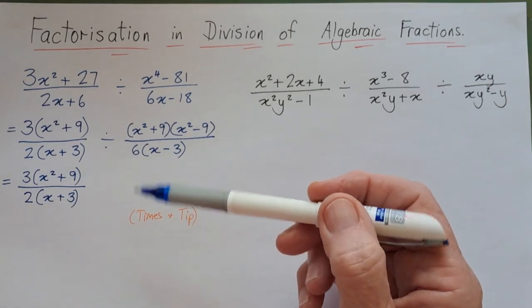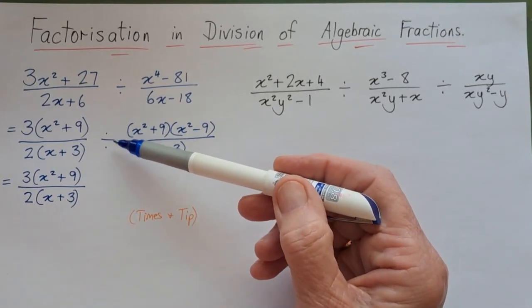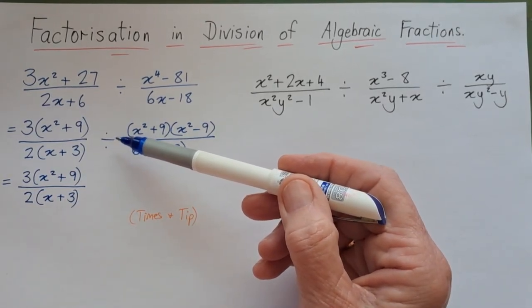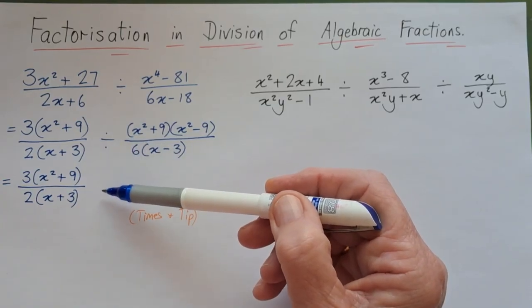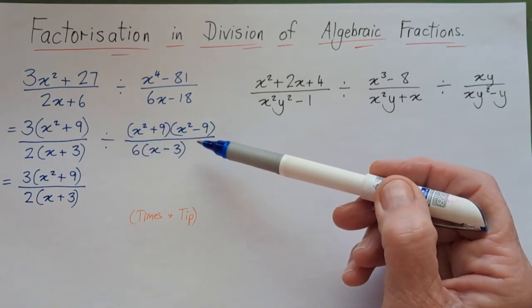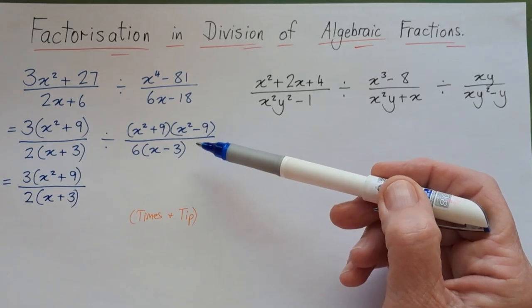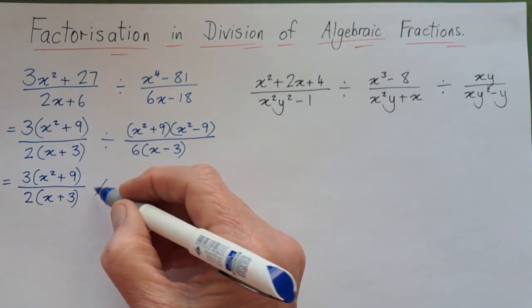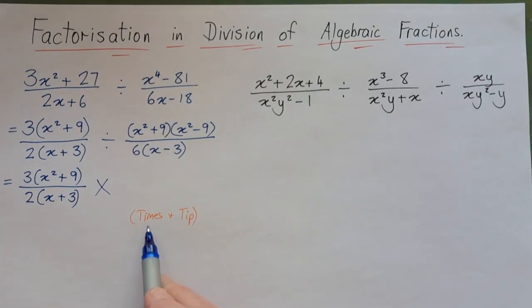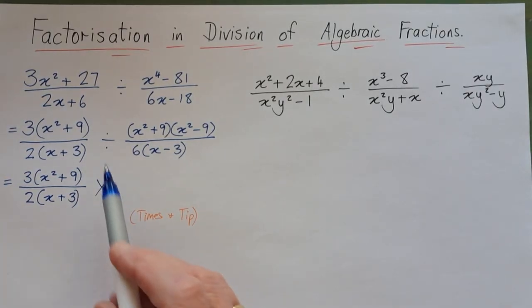So I'm going to think of the fact that division is the inverse operation of multiplication. So I'm going to use the inverse operation, but then I also have to invert the fraction, which means turn it upside down. So my division sign is going to become a times sign, and that's why I like to name the times first, so that I know the order in which I'm doing things.